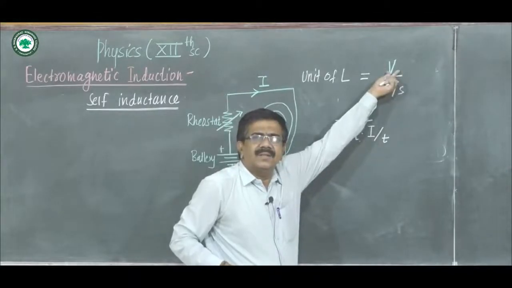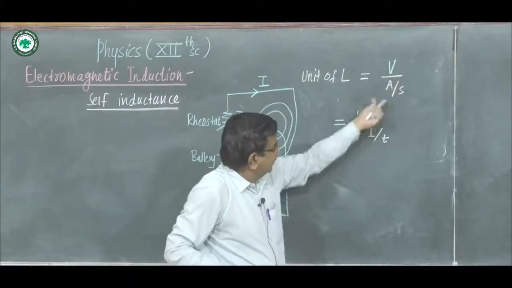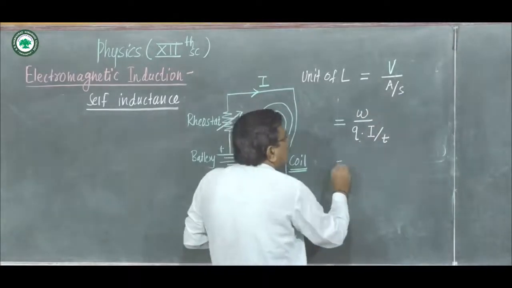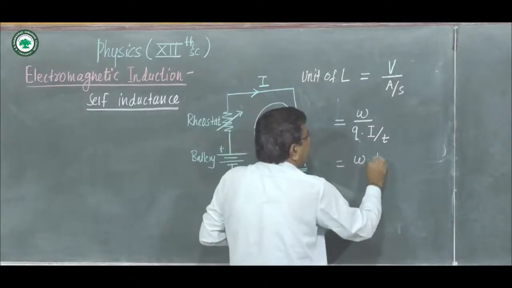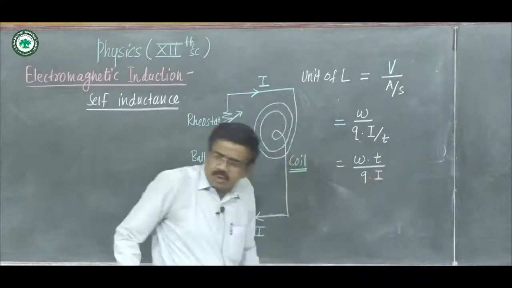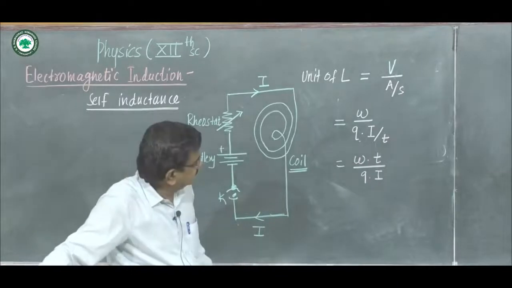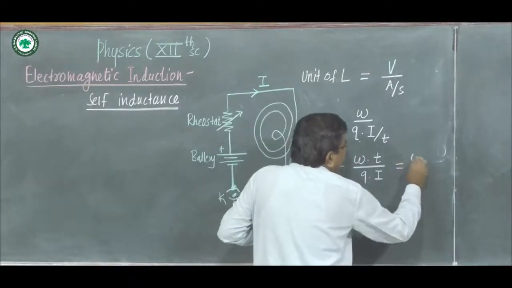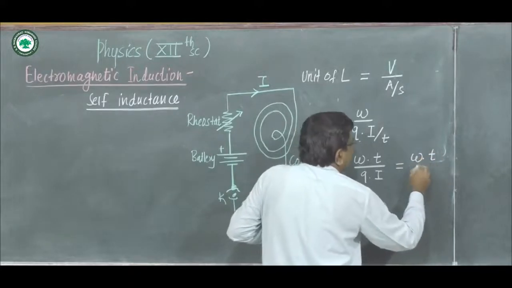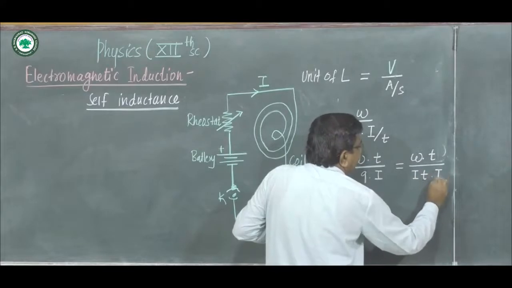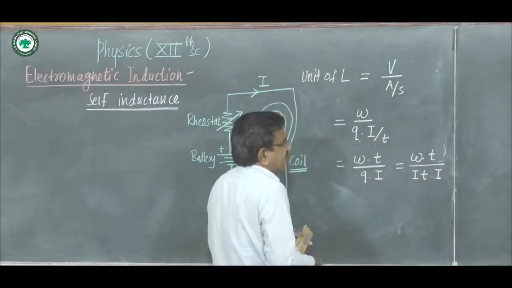So V is work upon charge, and ampere means charge upon time, so L is work into time upon Q into I. But we also know Q is I into T, charge is I into T. So W into T upon I T into I. This T T gets cancelled.